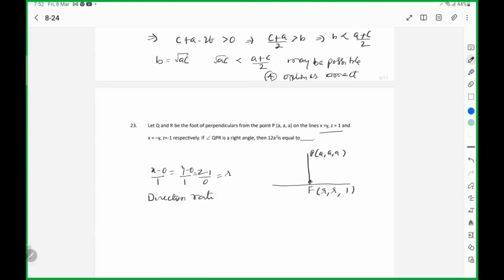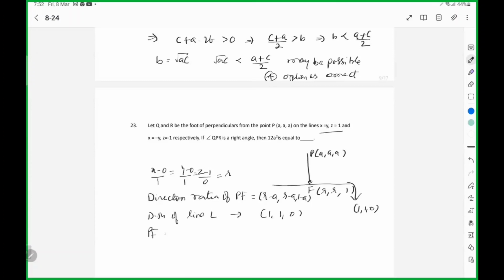Direction ratios of PF will be R minus C, R minus C, 1 minus C. This line's DRs are DRs of line L, 1, 1, 0.